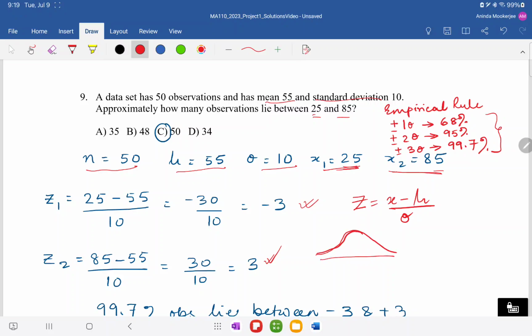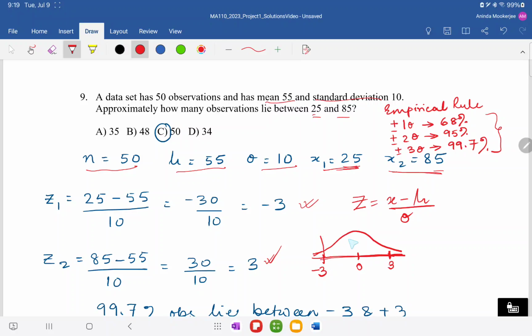Excuse this figure though. Let me do a better job with this. So if this is our normal curve, density curve, or however you may want to say it, minus 3 is going to be on the left hand side. In the center we are going to have 0, which is where the mean is located. In terms of z values, the center point is always 0, and on the right hand side are the positive values.